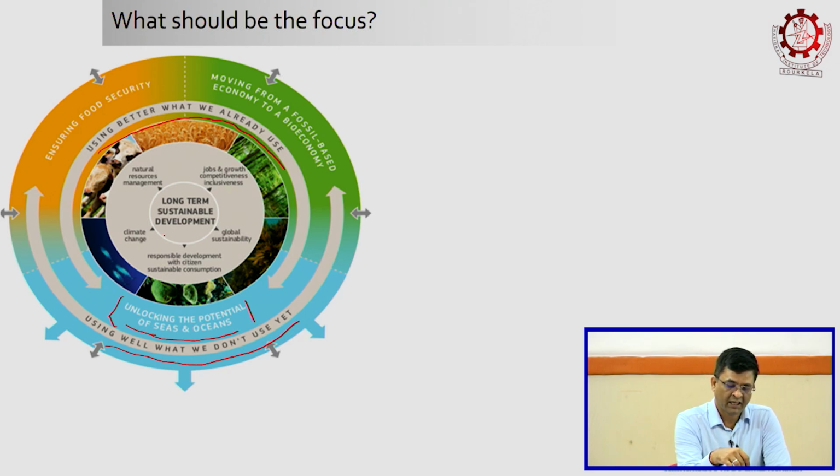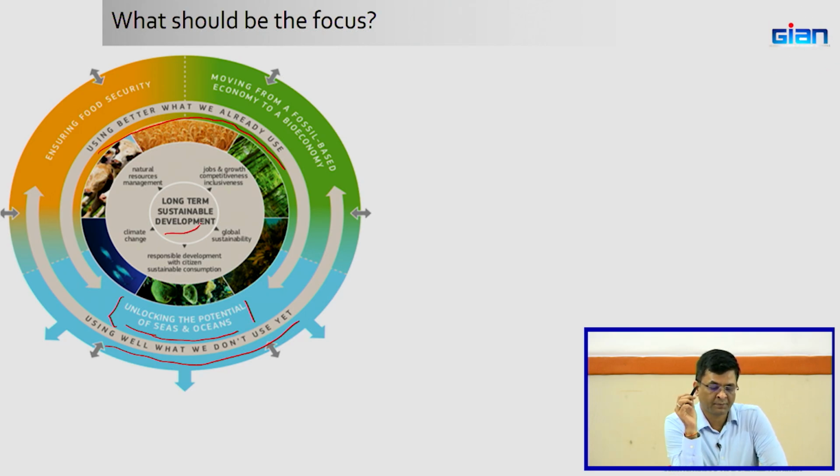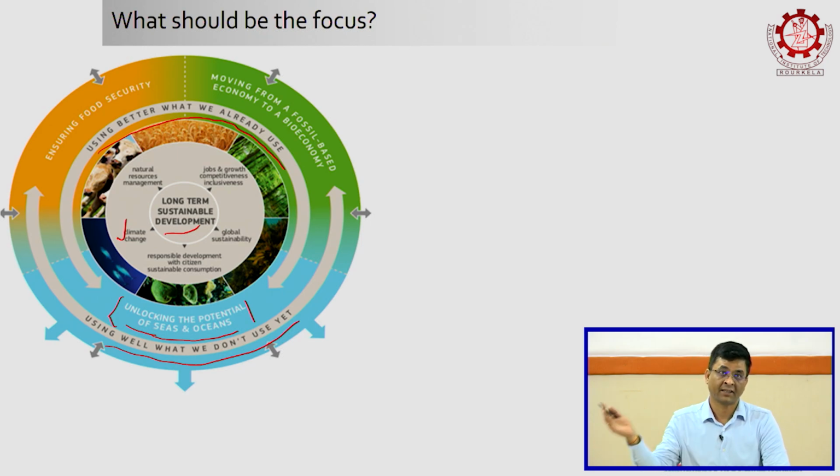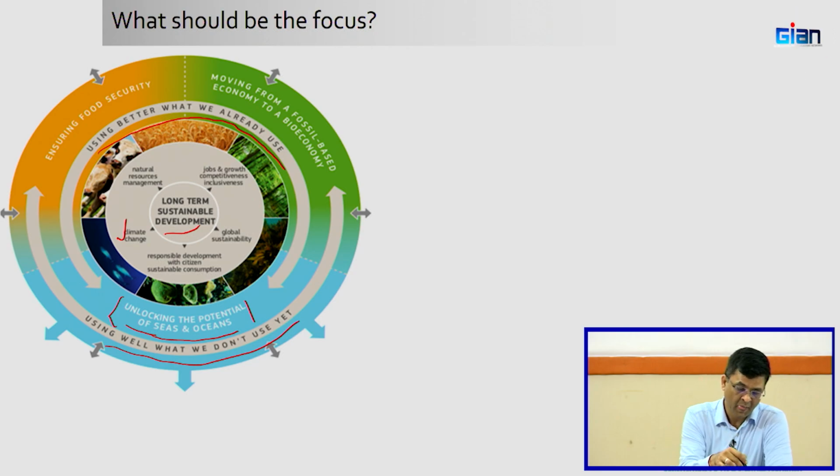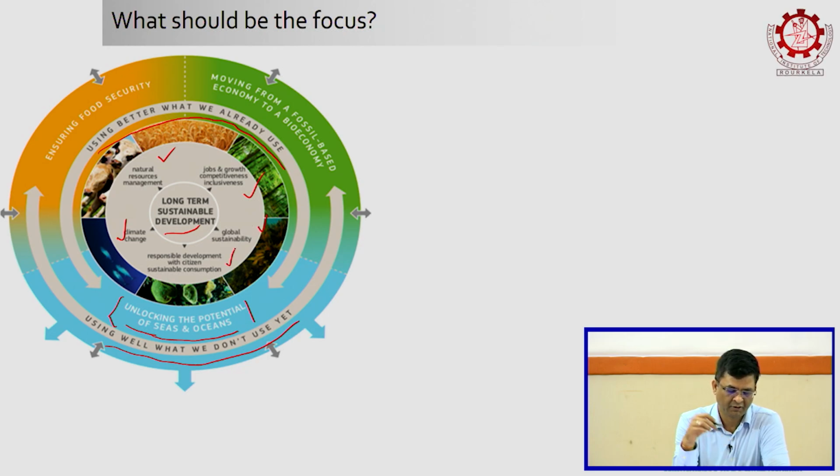By doing so, we can achieve long-term sustainable development goals, climate change mitigation, because oceans are the biggest sink for CO2. Whatever is emitted, trees and plants are there, but the ocean is the biggest CO2 sink. Also natural resource management, job growth, competitiveness and inclusivity, global sustainability, responsible development within sustainable consumption.